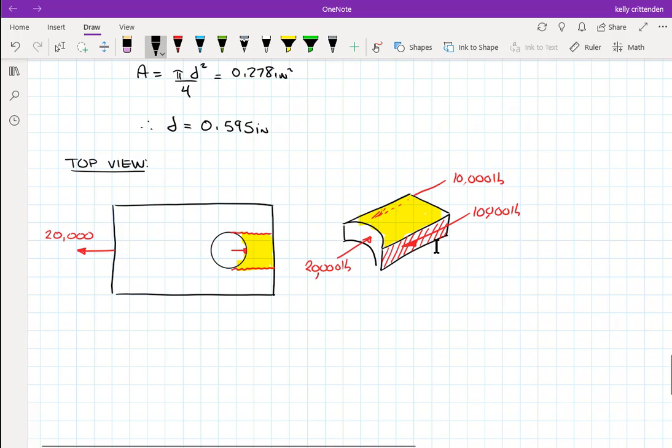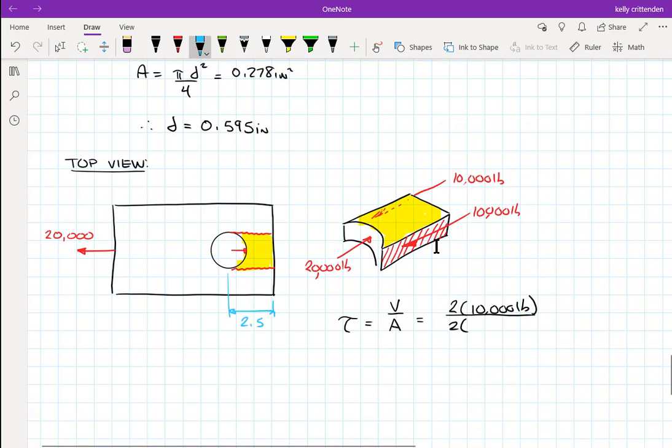So I need to do tau, for shear stress, equals V over A. And again, I can either look at these as a pair of 10,000 pounds and a pair of areas, or look at one of them. It doesn't really matter. I'll write it as I have two 10,000 pound forces, and they are on two areas, and we need some dimensions. So let's make the center of the hole to the end of the plate, that kind of looks like 2.5 inches there.